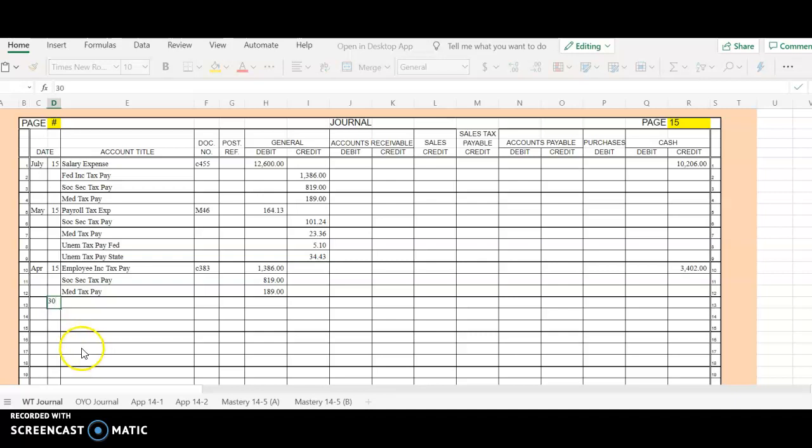The first one is to Unemployment Tax Payable Fed. Choose that one. Unemployment Tax Payable Federal Government, and that's check number 401. And the amount that I took out of my employees this year is provided in the book. It's $100.80.